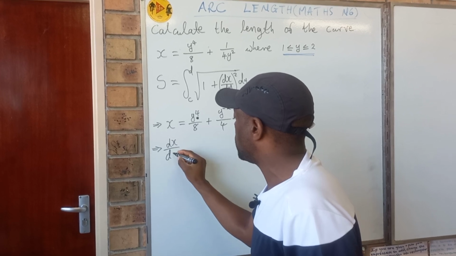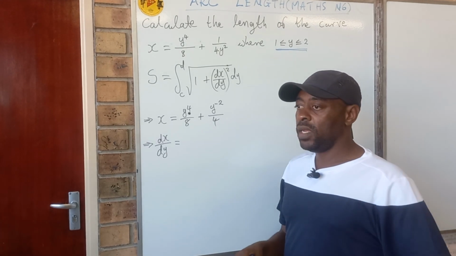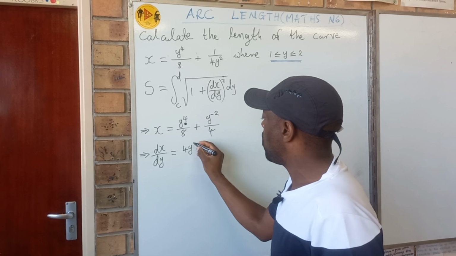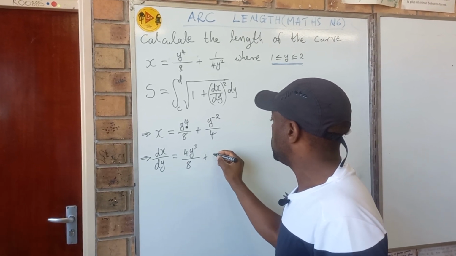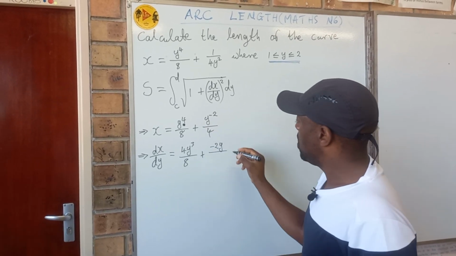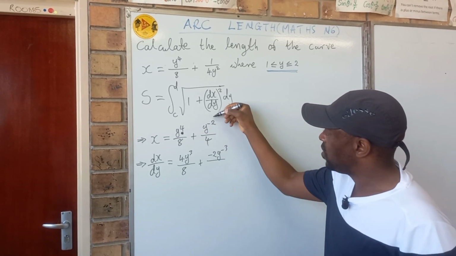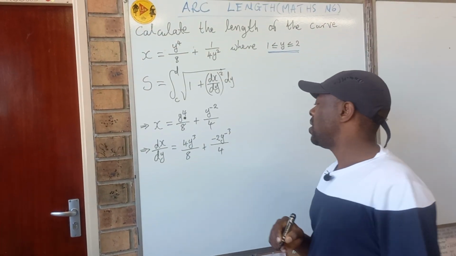dx over dy means I go through the problem and every y I see, I differentiate. The first term gives me 4y to the power 3 over 8, and the next term gives me negative 2y to the power negative 3. Remember, with derivative, you take the power in front, then subtract 1, then divide by 4.